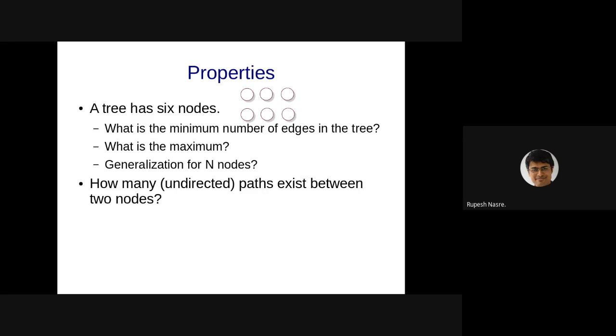NC2. Okay. So the question is that I'm giving you two nodes, N1 and N2 in the tree, right? In how many ways you can go from N1 to N2 if you ignore the direction of the arrows?